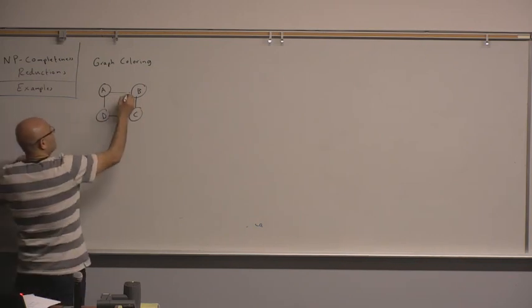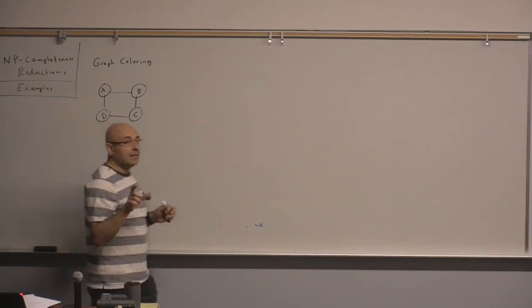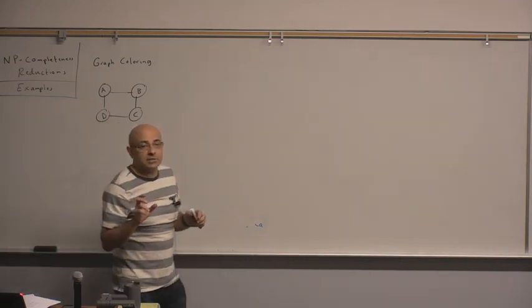And the question is, color the vertices of the graph such that adjacent vertices have different colors. If two vertices are adjacent, so there is an edge that connects them, then you have to use different colors. You cannot use the same color.